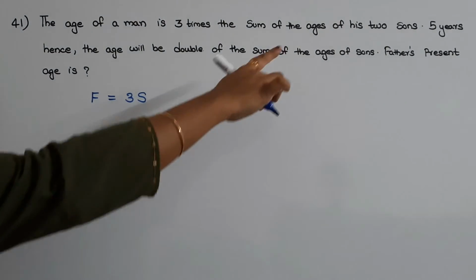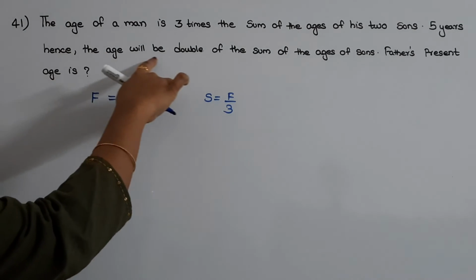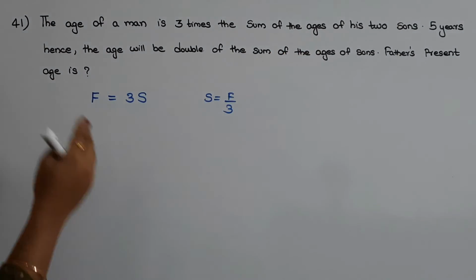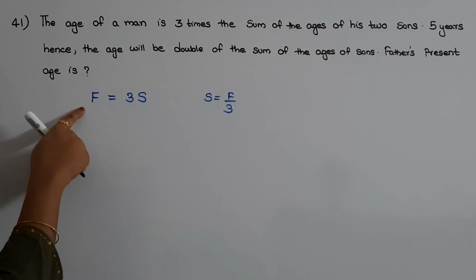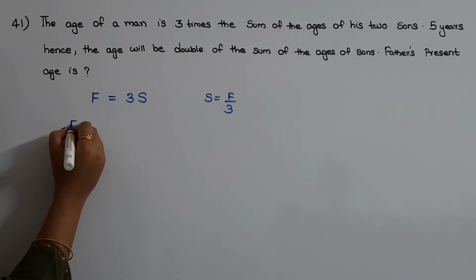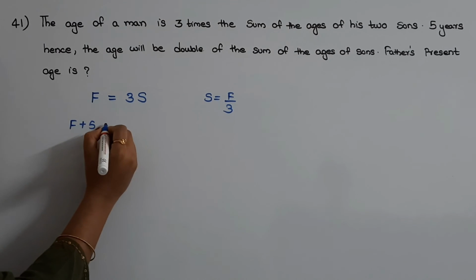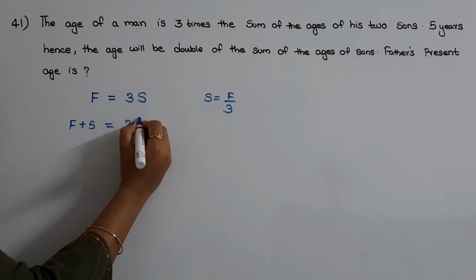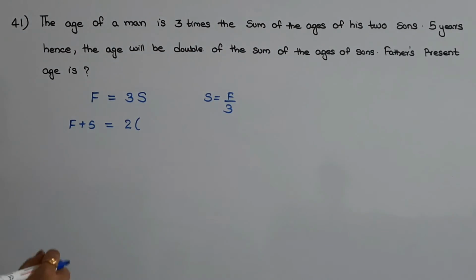Then they are telling that 5 years hence the age will be double of the sum of the ages of sons. So if at present father's age is f, 5 years later his age would be f plus 5. And 5 years later his age is double that of the sum of the ages of his sons.